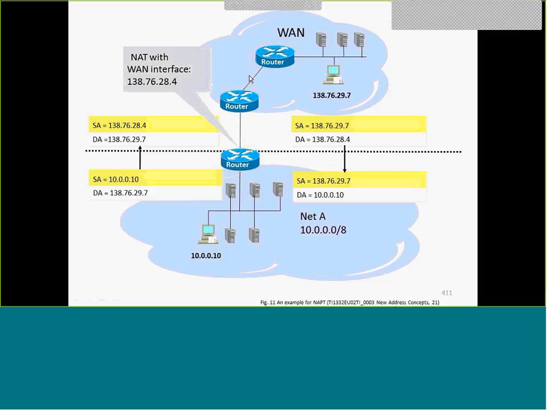And if you put a sniffer here, there is no way you will know the actual public address of this server or PC. So NAT also gives you extra protection and safety, right? Because it's translated into some other address, right?